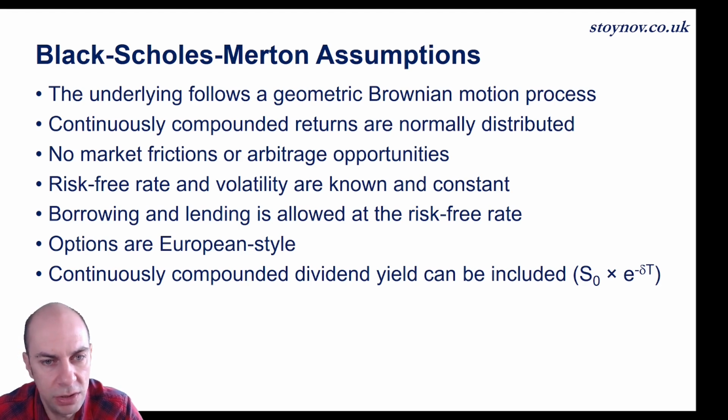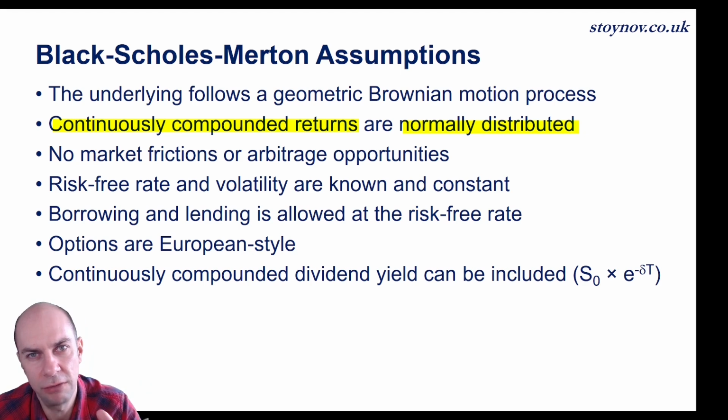So we need to understand, however, this fact that the returns, which by the way are continuously compounded, all rates in this model are continuously compounded, and these returns are normally distributed. The easiest way to remember that they have to be normally distributed is because they can be negative, and the normal distribution allows you positive and negative returns.